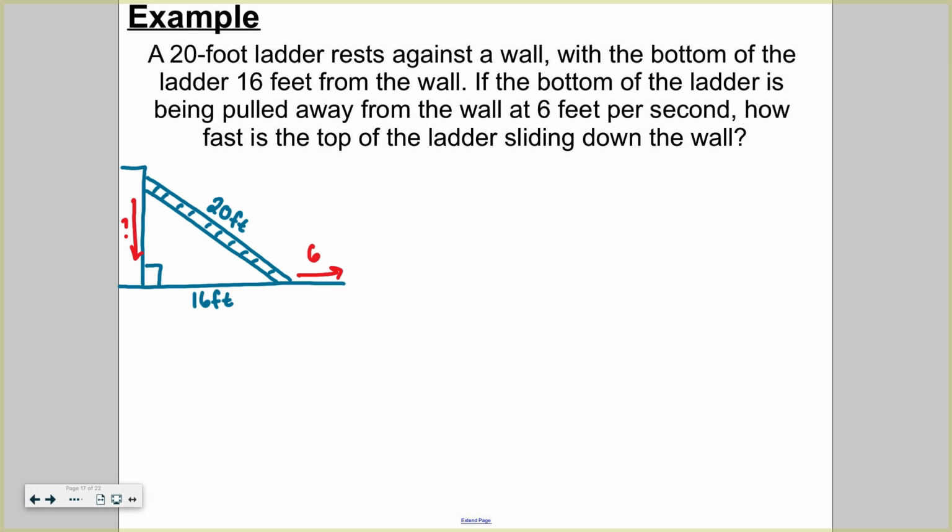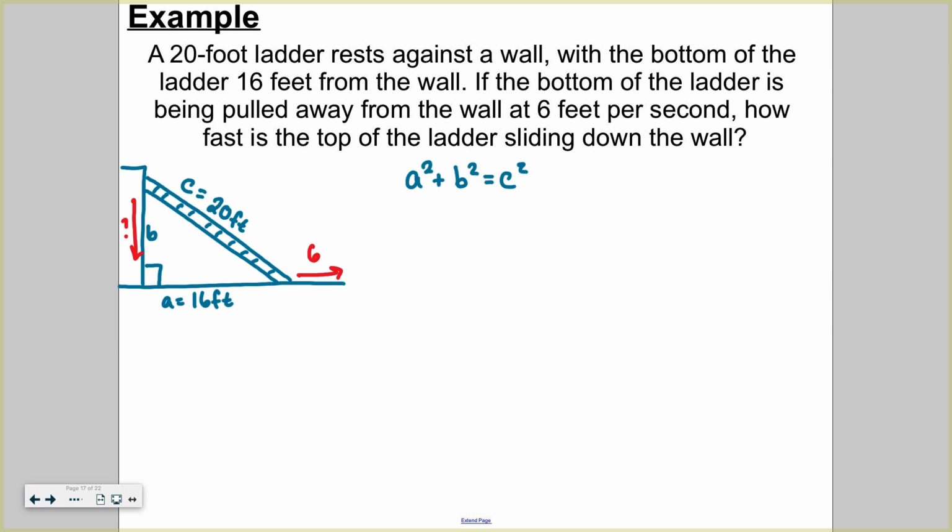So, a squared plus b squared equals c squared. Let's call the base A, the height B, and then the hypotenuse C. And remember, A and B don't matter, those are just the two sides. However, C has to be the hypotenuse, and we know it's the hypotenuse because the hypotenuse is always opposite the right angle.